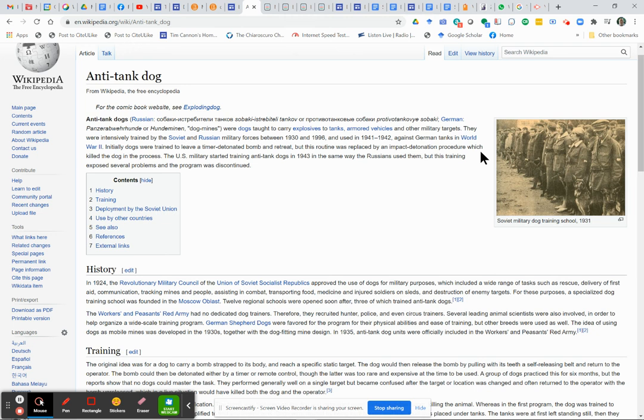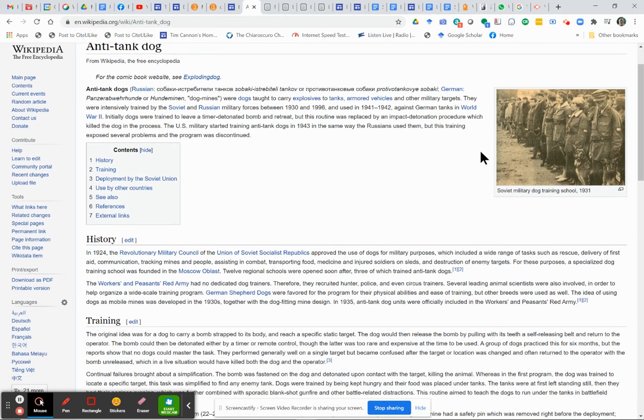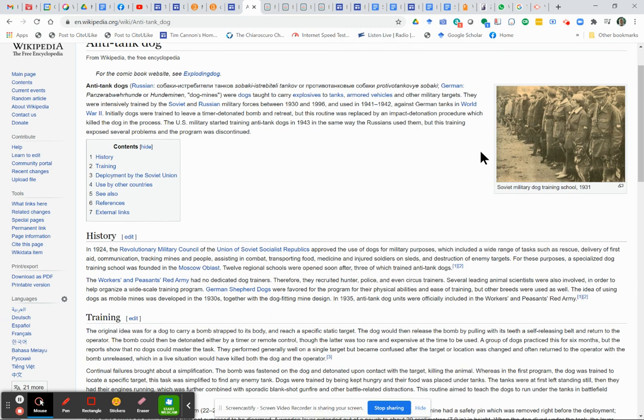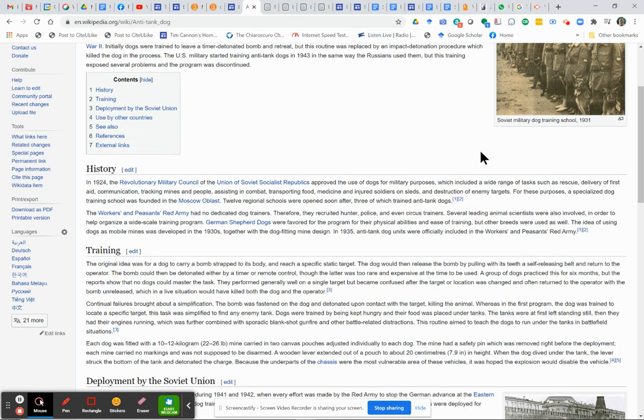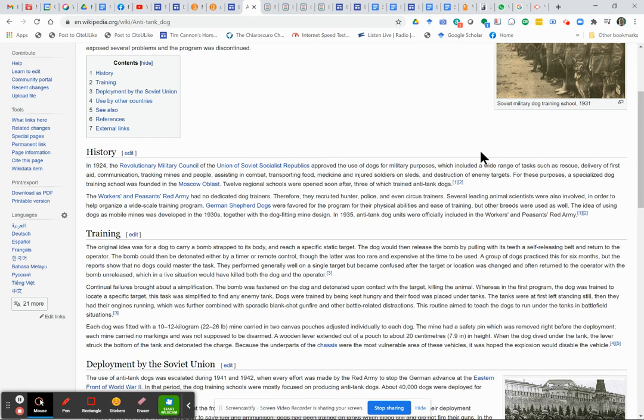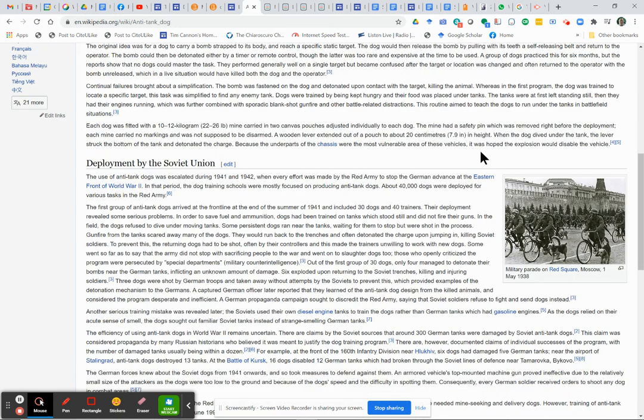They had bombs attached to them, and they were trained to run under tanks, and then it would explode, and not to be outdone, we did it too. So it was not a good outcome for the dog.